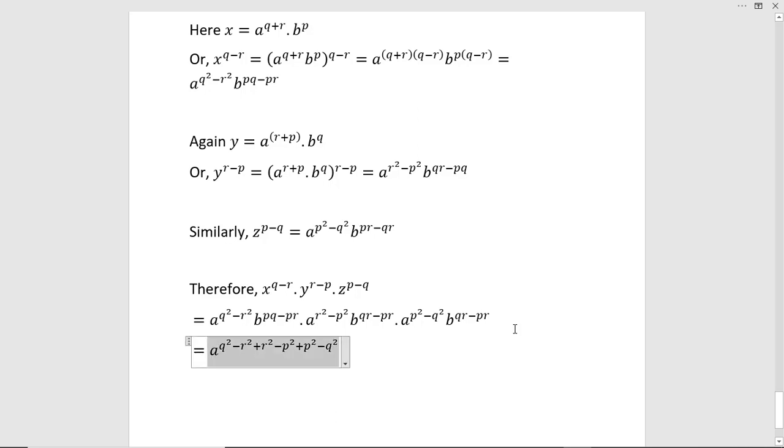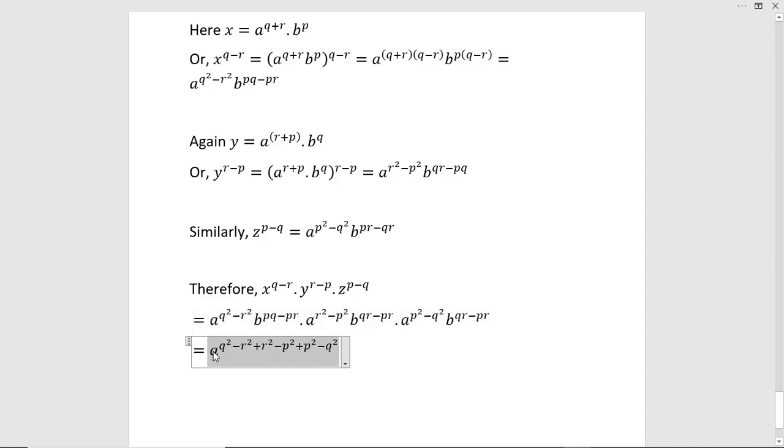So it will be a to the power, look here, q square minus r square, r square minus p square, and p square minus q square.